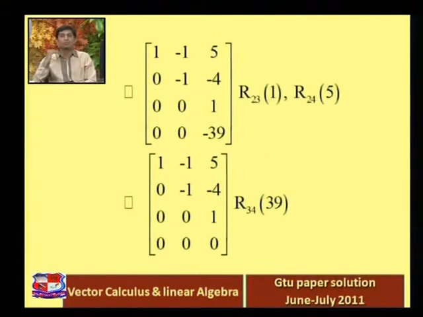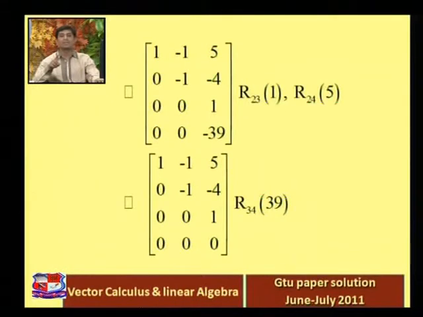So corresponding to these three columns, these three column vectors 1 0 0 0, minus 1 minus 1 0 0, 5 minus 4 1 0 are basis for the column space of the matrix U. U means this matrix. And if you want to find the basis for the column space of matrix A, you have to take the corresponding column vectors in the original matrix where this matrix has a leading entry.